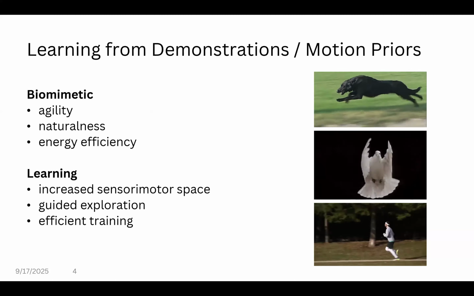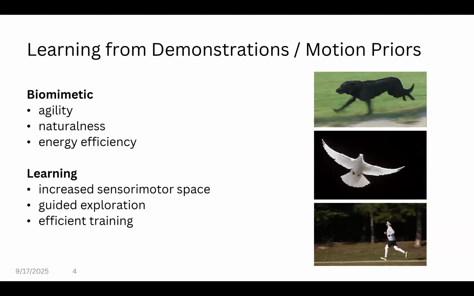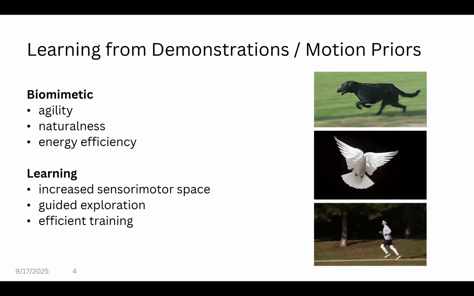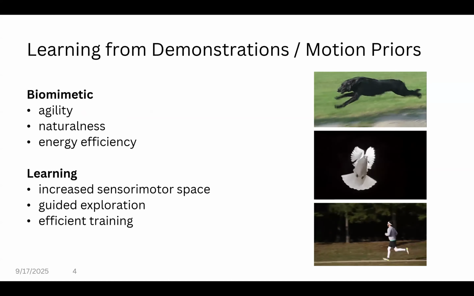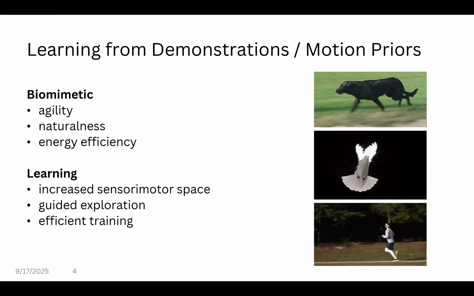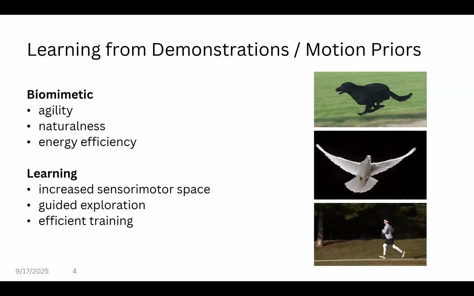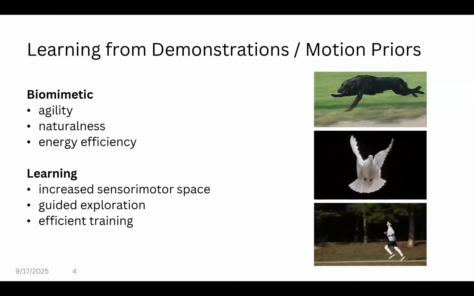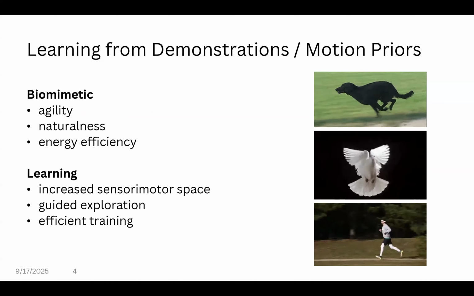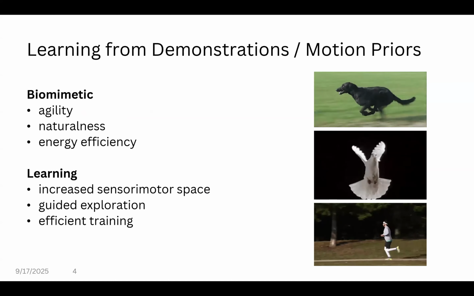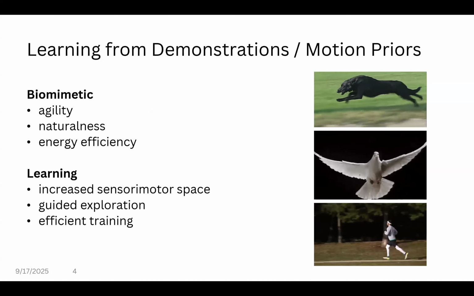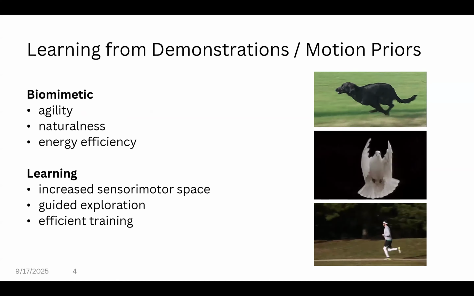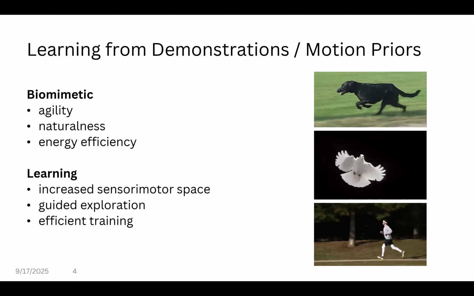All the joints on the arms are not useful, so it's very hard to regularize the arm motions when they have nothing to do with the task. So in this increased sensorimotor space, having reference demonstrations can really guide the policy to explore meaningfully in the action space. This will save us a lot of time, so your agent is not exploring an enormously large action space doing something completely irrelevant to the task. And this really leads to efficient training of the policy.